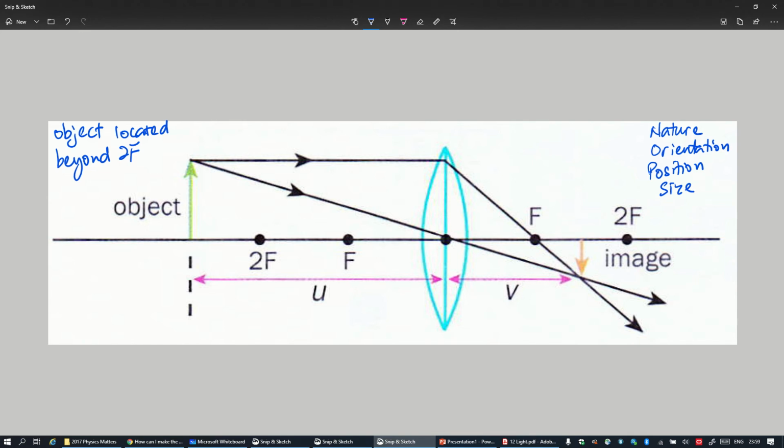Now, the nature of the image. The image is formed on the opposite side of the lens. So this means it can be projected on a screen.